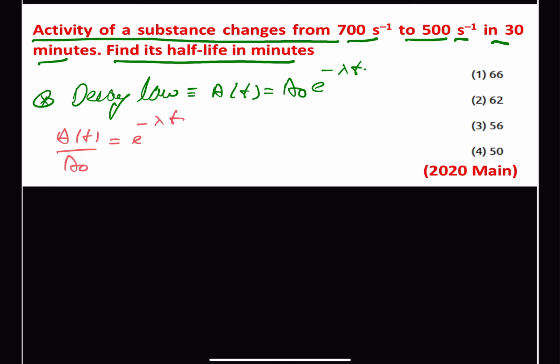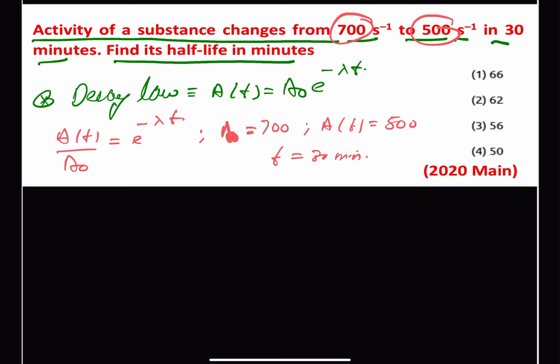It states that activity changes from 700 to 500, which means our initial activity A0 is 700, and the final activity after time t is 500, and the time is 30 minutes.